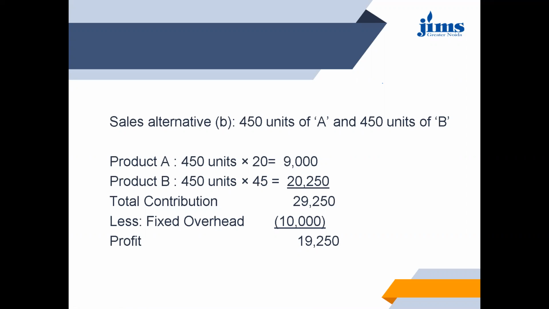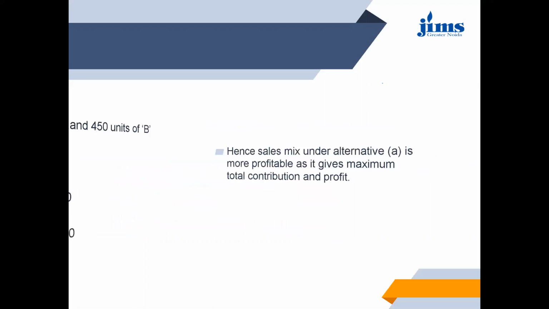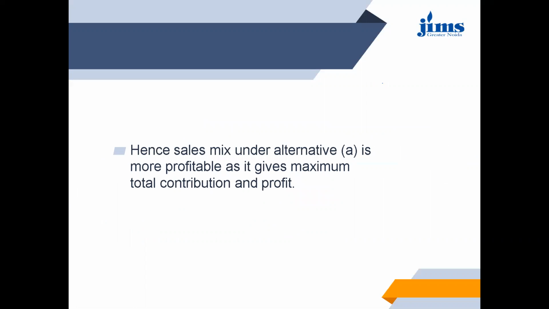That means there is more contribution in sales mix 1, while there is less contribution in sales mix 2. So we can say that the sales mix under alternative A is more profitable because it gives the maximum total contribution and more profit as compared to alternative B.